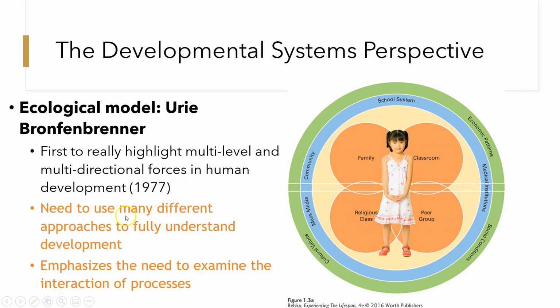We really need to use many different approaches to fully understand development, and we need to examine the interaction of all these processes. So by looking at that, you can see this is a very complex topic to understand.